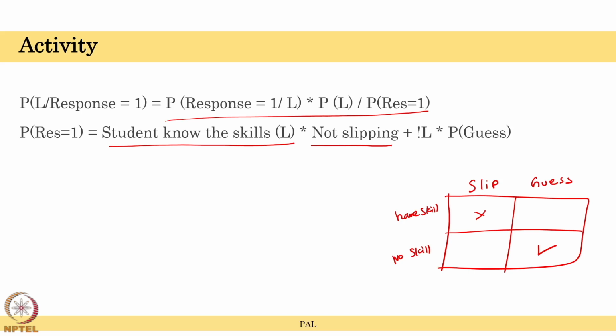So response 1 is possible when the student has the skill and does not slip, or has no skill and guesses correctly.